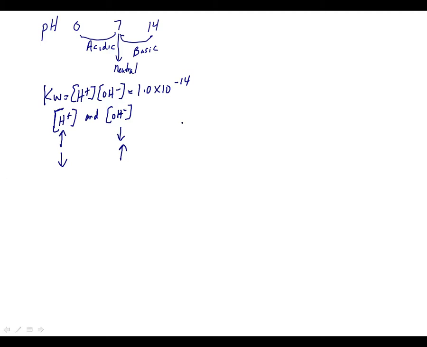And if they are equal to each other, that means the H plus concentration equals the OH minus concentration, and that would be 1 times 10 to the minus 7.